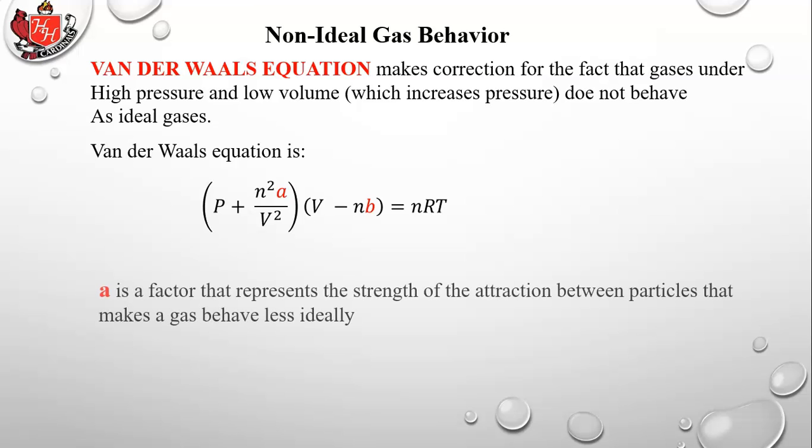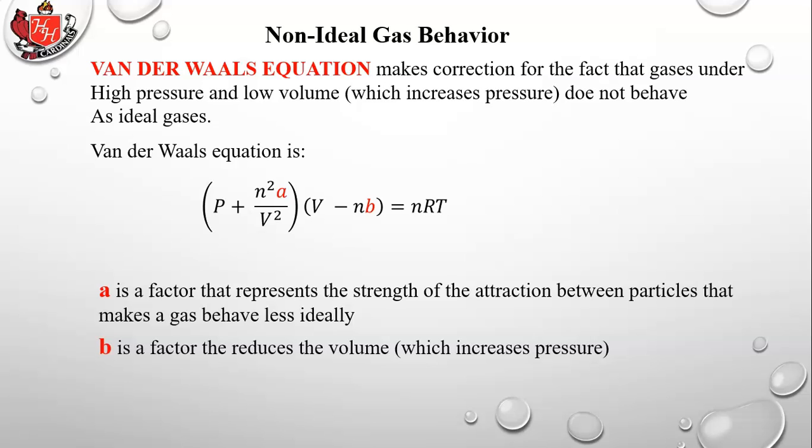So what do those do? A is a factor that represents the strength of the attraction between particles that makes a gas behave less ideally. A is taking into account the fact that they do have intermolecular forces that attract them and make them want to stick together.